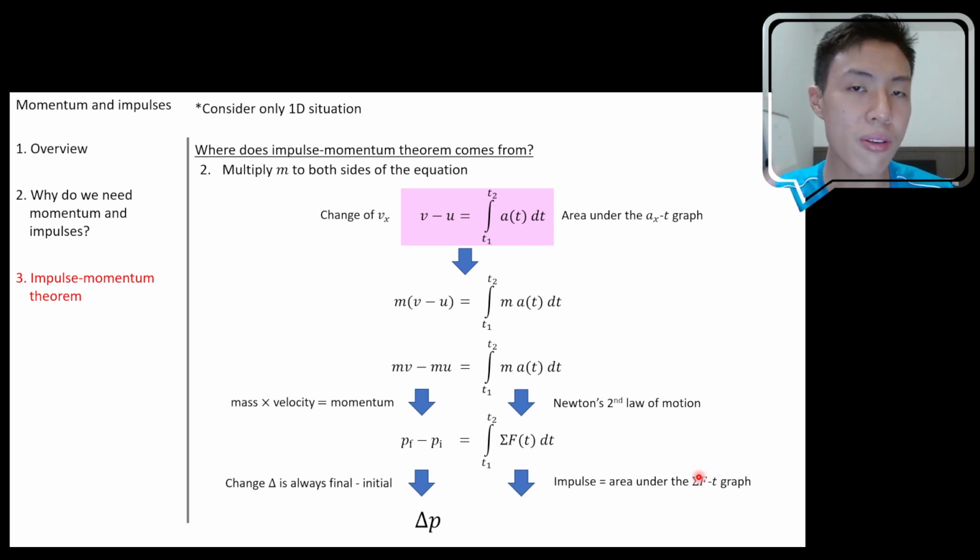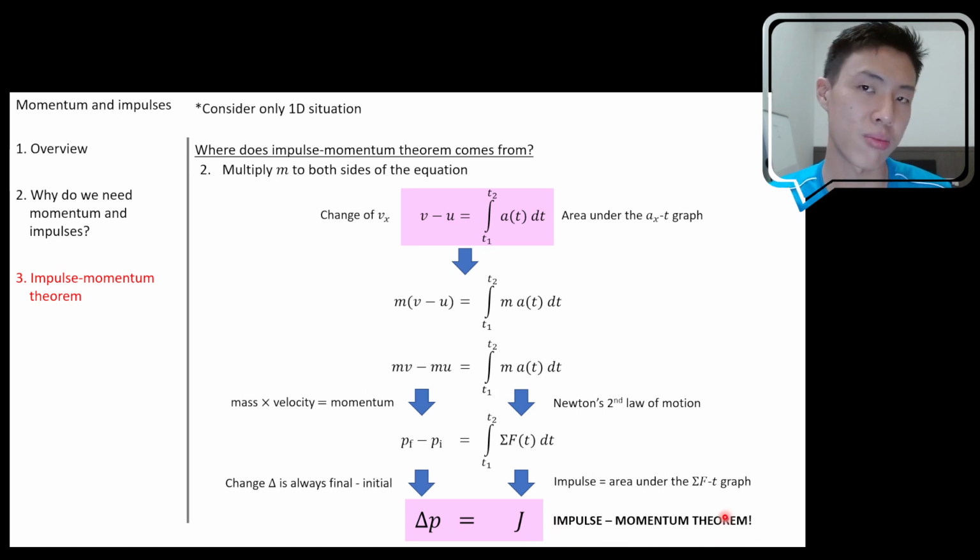We are going to define this area under the net force-time graph to be equal to impulse, and as we mentioned in the first video, we give impulse the symbol J. So the change in momentum is equal to the impulse, and this equation we call the impulse-momentum theorem.